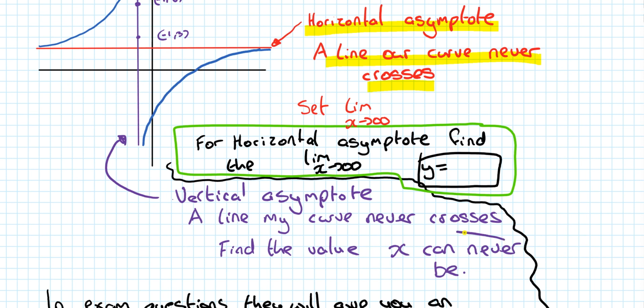So we find the value that x can never be. Generally with these, you're given an algebraic function that has a fraction in it. So you find when the fraction will have 0 on the bottom line.